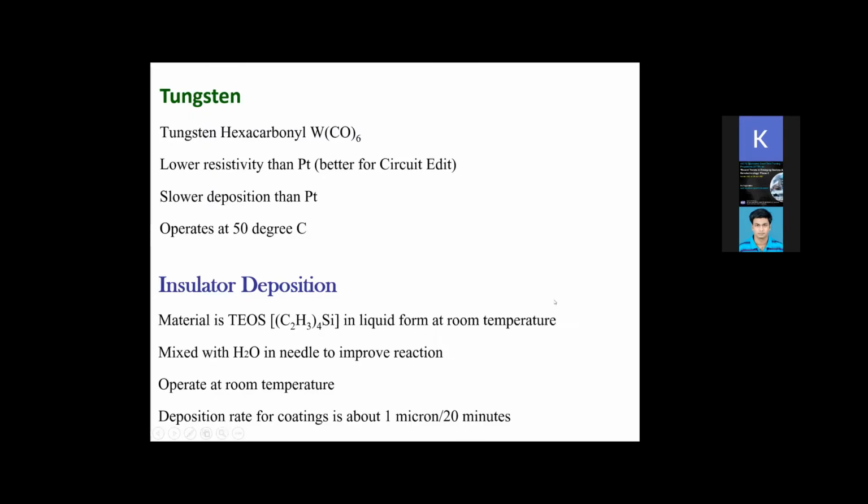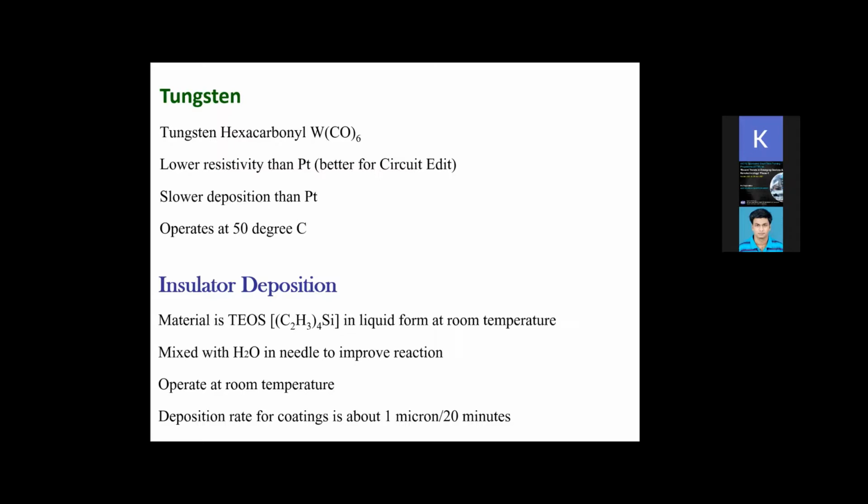Like insulator, you can deposit silicon dioxide, or you can actually do oxidation over silicon using this. Here the source material will be TEOS, which is in liquid form at room temperature, and that is inserted inside the sample using a nozzle when mixed with water vapor.